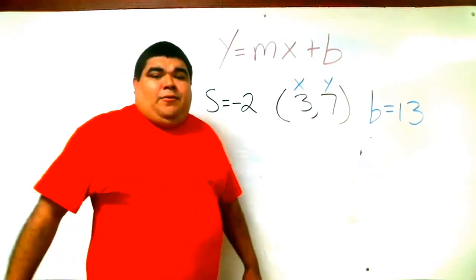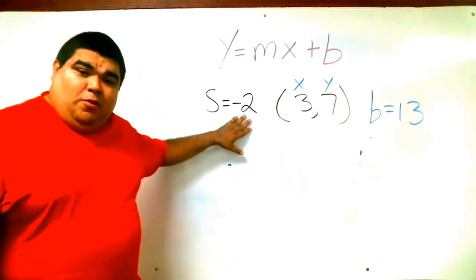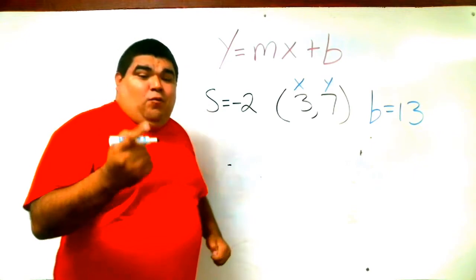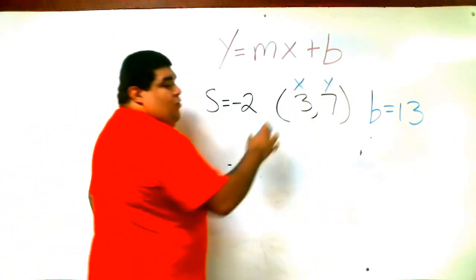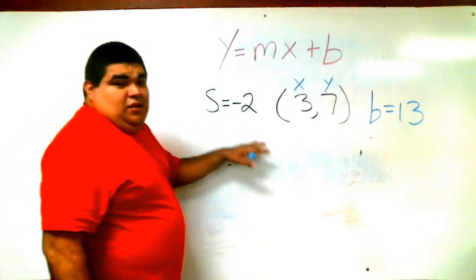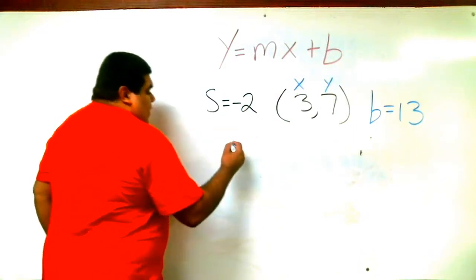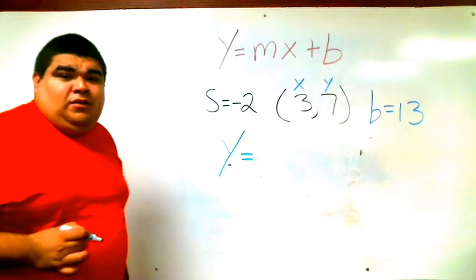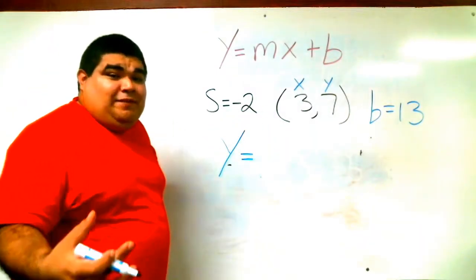All right, guys, we already solved for b. The slope was already given to us. So now we're going to put it all together. We have y, because y we're going to keep for now. We're not going to use the coordinate anymore. All we're going to use now is just the slope and the b. Okay? So we have y equals -2, because remember, that was our slope, -2.